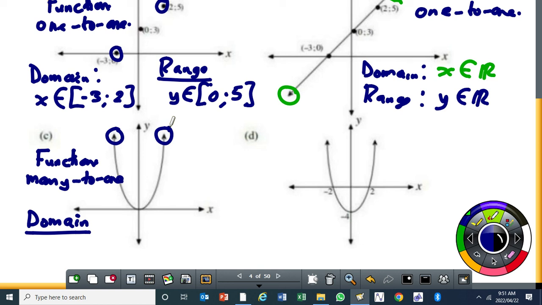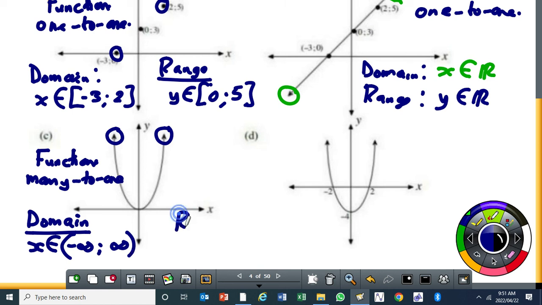Positive infinity. So the domain, you can write as x is an element, starting from -infinity up to positive infinity. That's the domain. Can you pay attention?